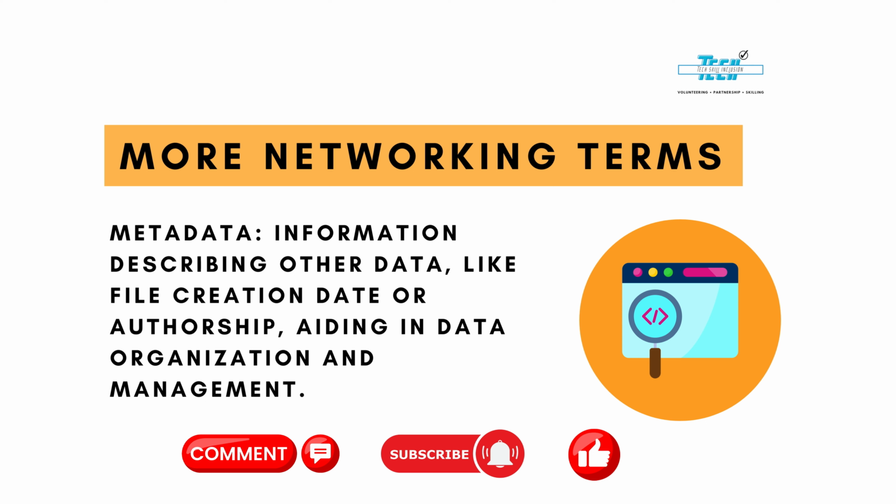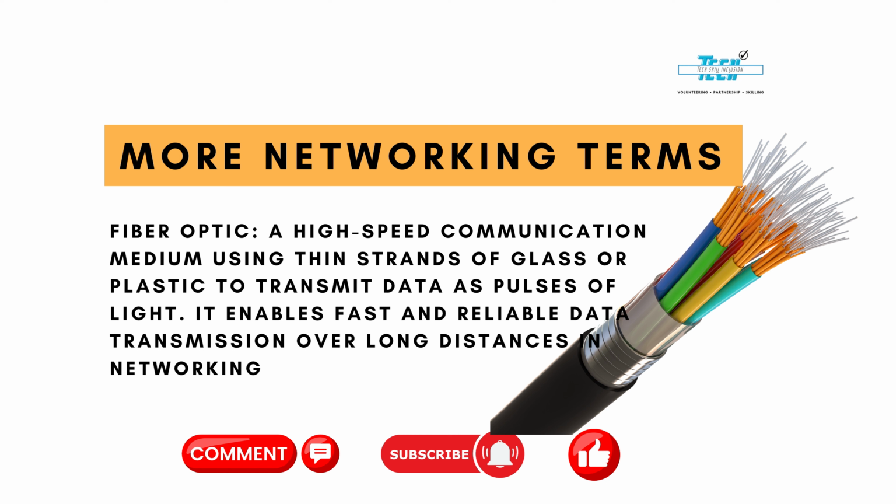Then we also spoke about fiber optics. A fiber optic is a high-speed communication medium using thin strands of glass or plastic. So it's a type of wire, but it's different because it's made from glass, and it enables fast and reliable data transmission over a long distance in a network.